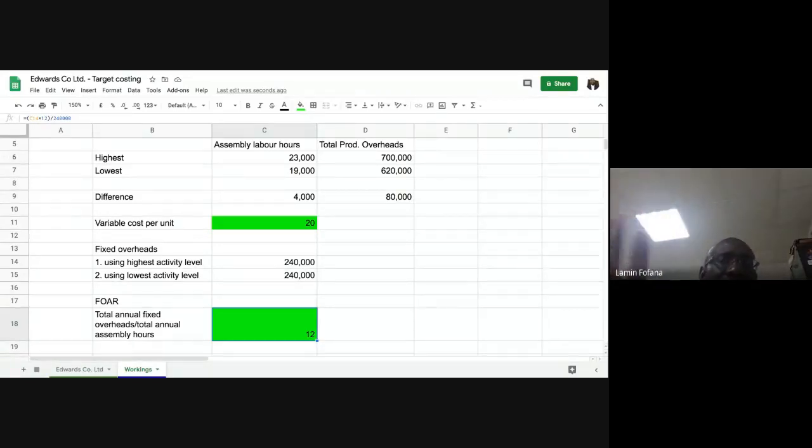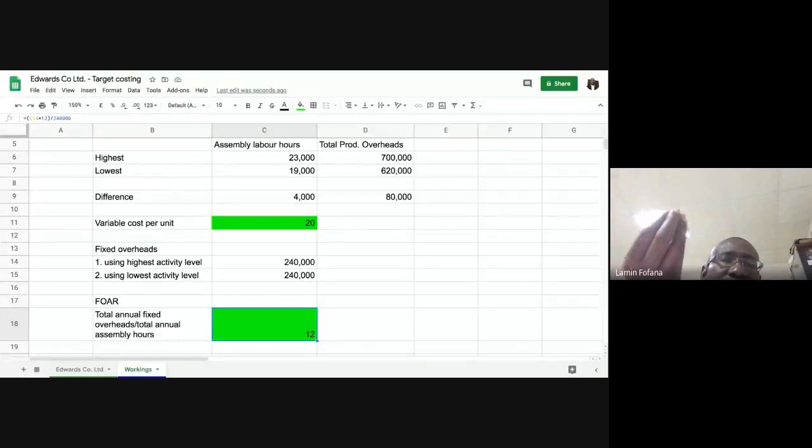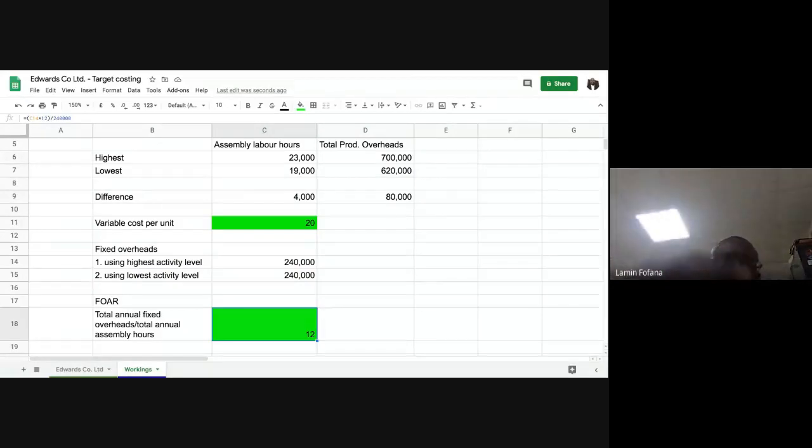That's the activity level. To calculate our fixed overhead absorption rate, it is the total fixed overhead divided by the total activity level, and in this case it's annual for all of them. So we have calculated our monthly figure, we change this to annual, and then we divide by the 240,000, which is given to us in the question as 240,000 hours. That's the way we got our 12.